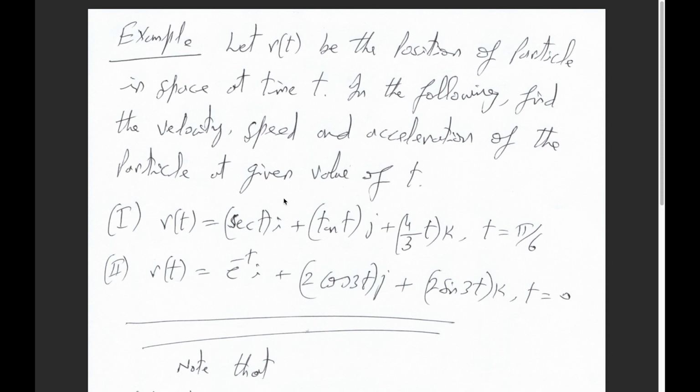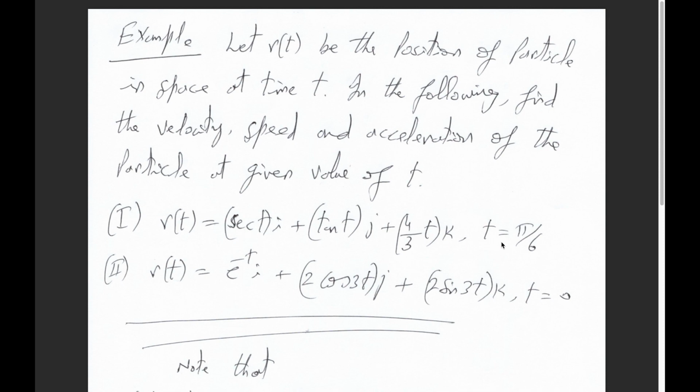Now there are two questions. The first question is r(t) equal to sec(t) i plus tan(t) j plus 4/3 t k, at t equal to pi by 6. So you have to find the velocity, speed, and acceleration of this position vector.